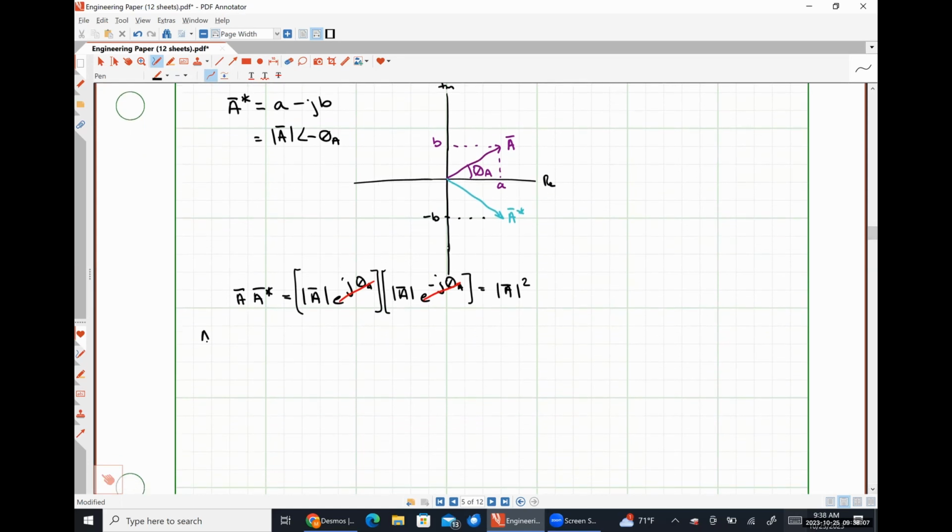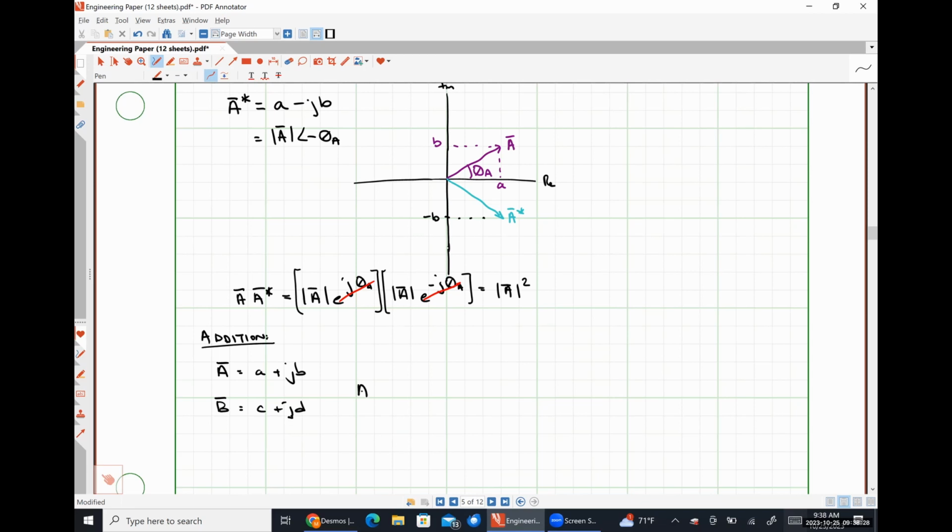Now let's talk about addition. So let's say that I have complex number A is equal to lowercase a plus jb. Complex number B is equal to lowercase c plus jd.